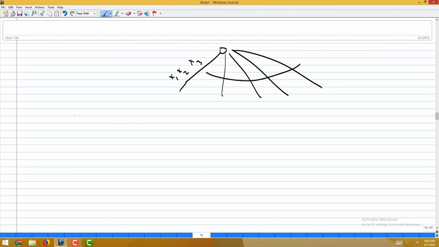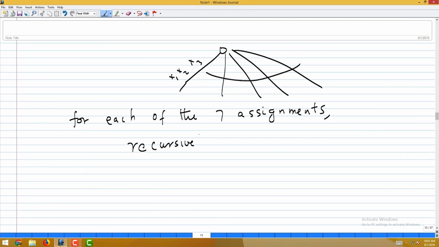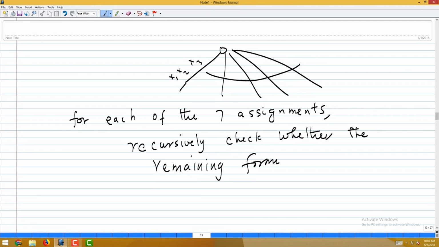So, here is my algorithm. For each of the 7 assignments, recursively check whether the remaining formula is satisfiable. The good thing is, in the remaining formula I have gotten rid of 3 variables.